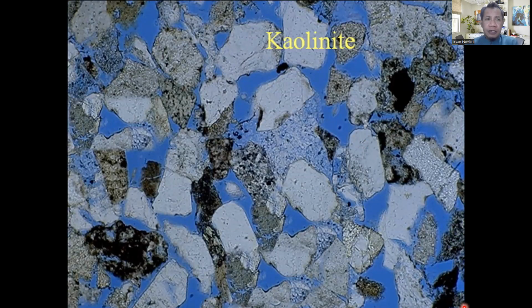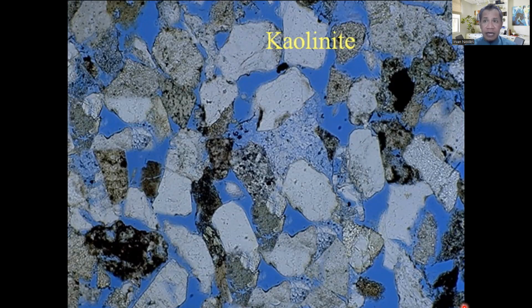So in the following slide, we're gonna see some slides of kaolinite. Kaolinite is a type of clay mineral commonly found in reservoirs. When observed up close, it appears similar to talcum powder pushed into the core surface.